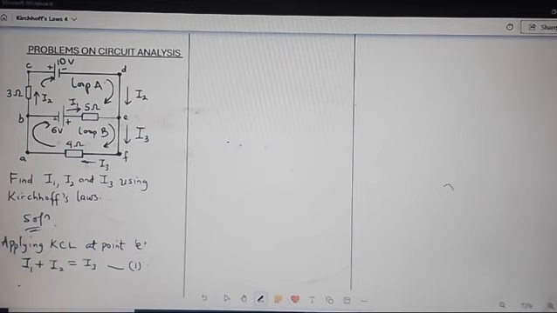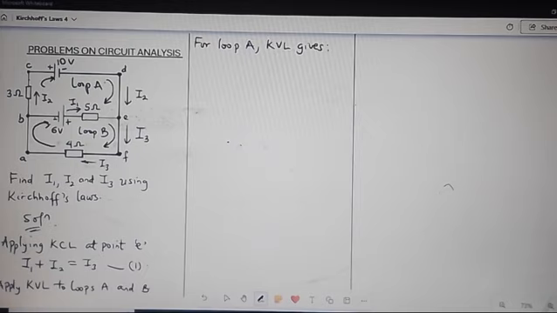Next is to apply Kirchhoff's voltage law, which is KVL, to loops A and B. So for loop A, KVL gives us this.